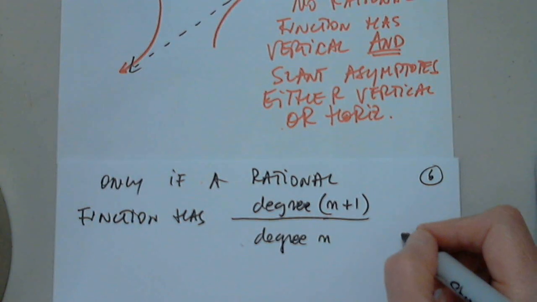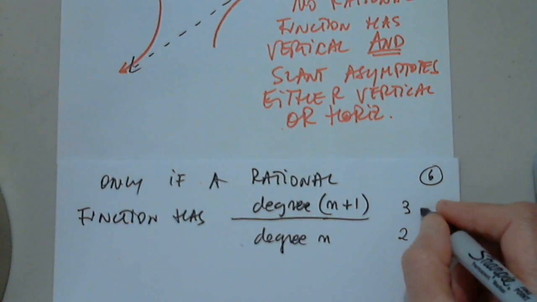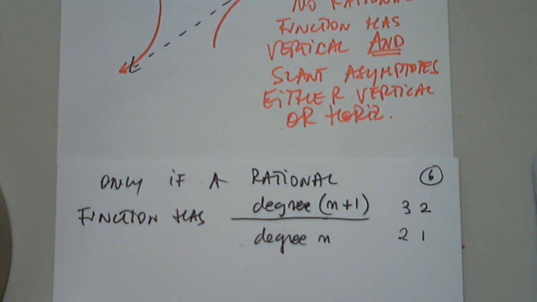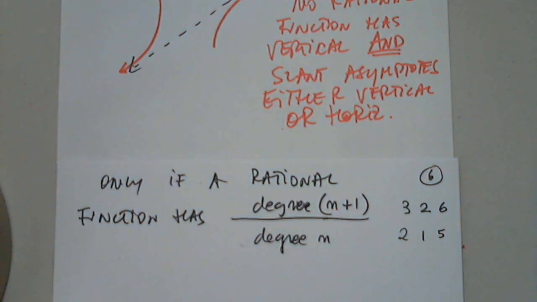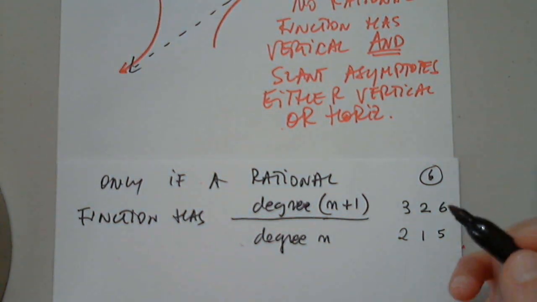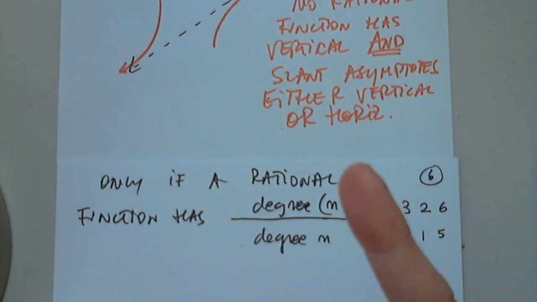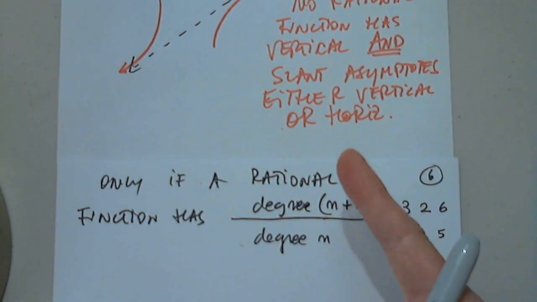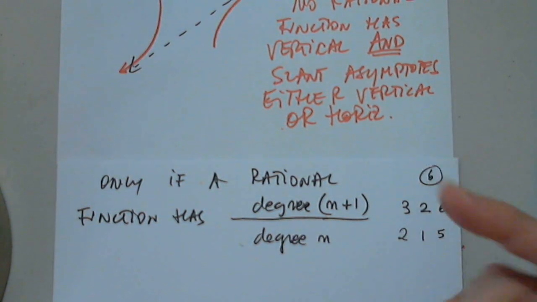In other words, if this is degree 2 and this is degree 3, the function will have a slant asymptote. If this is degree 1 and this is degree 2, the function will have a slant asymptote. If this is degree 5 and this is degree 6, it will have a slant asymptote. So what I'm saying is the degree in the numerator has to be exactly 1 unit higher than the degree in the denominator.